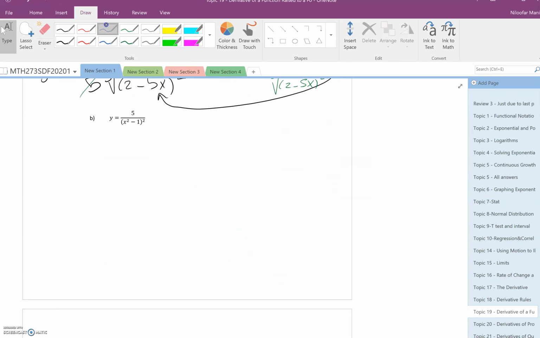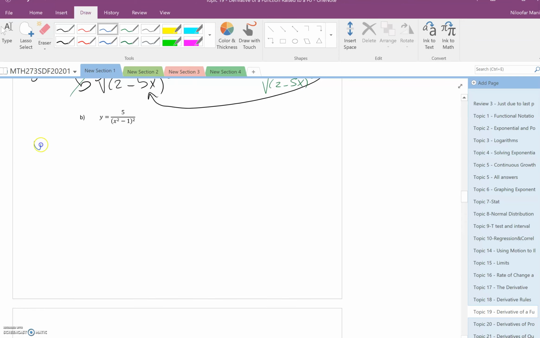Here, what is y? Yes, y is 5 over something else power 2. So if I have y 5 over x squared, it is 5x power minus 2, and y prime is minus 10x power minus 3. Yes? Which is minus 10x power this. Yes, we all know that.